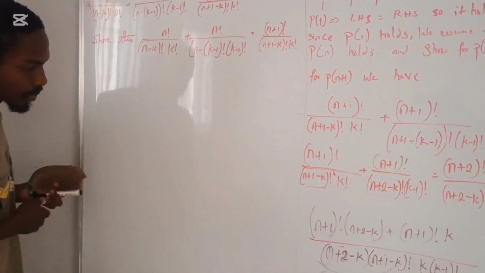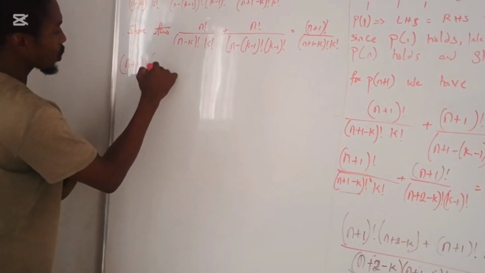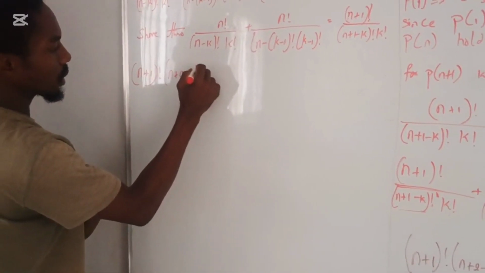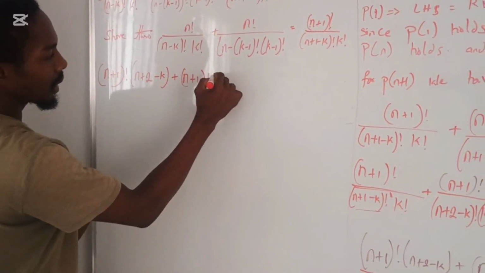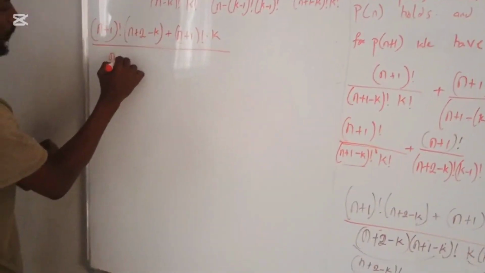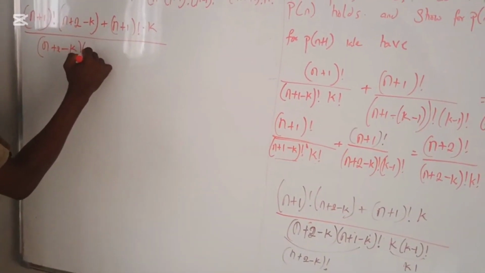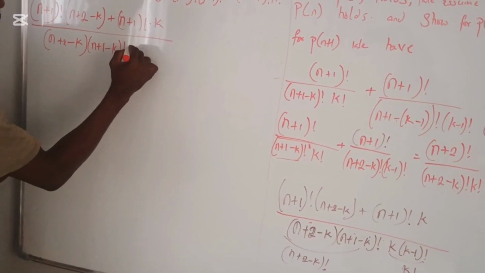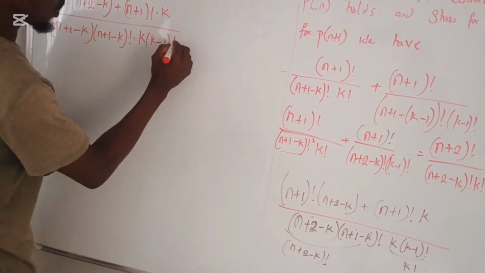Alright, so with that I have n plus 1 factorial into n plus 2 minus k plus n plus 1 factorial times k all over n plus 2 minus k factorial minus k, then I have n plus 1 minus k factorial multiplied by k into k minus 1 factorial.